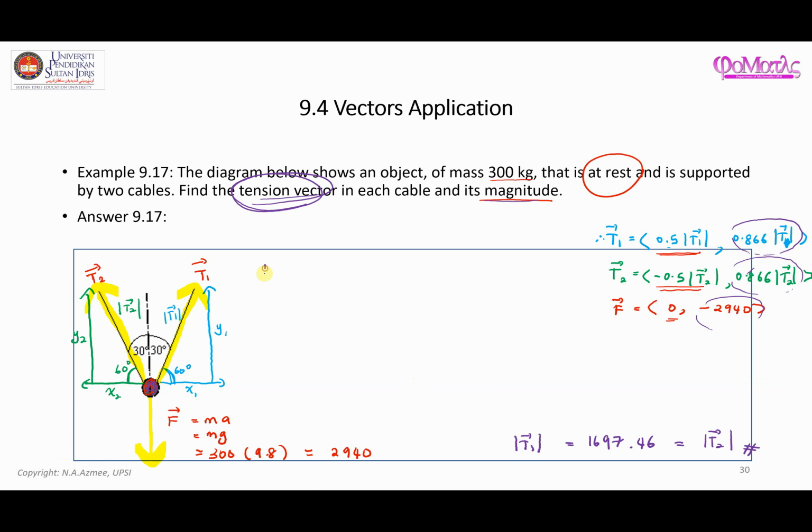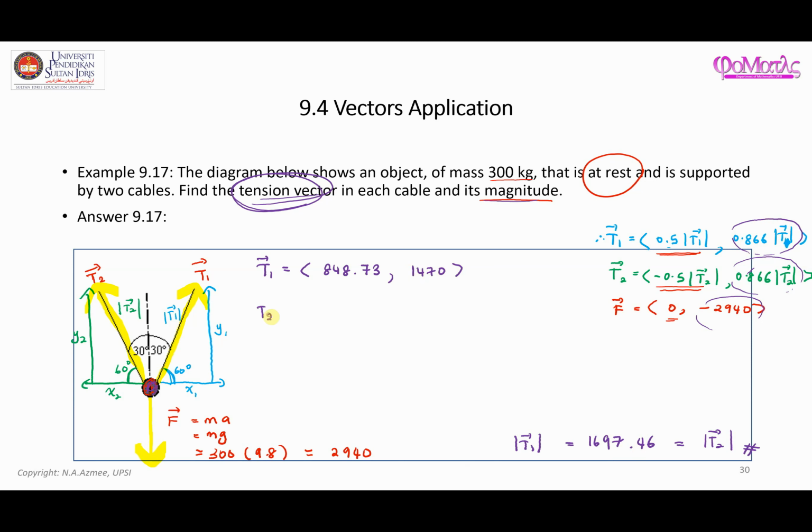For vector t1, this is equal to 0.5 times 1697.46. So the answer that you will get is about 848.73. So that is the x component of vector t1, and here you will have 0.866 multiplied with 1697.46, and you will get the answer equal to 1470.